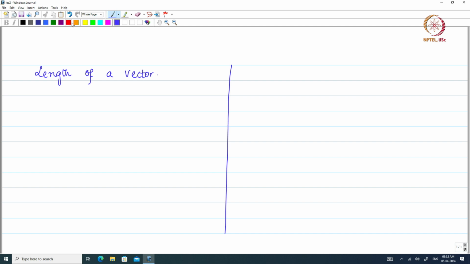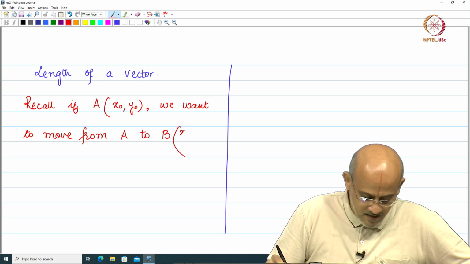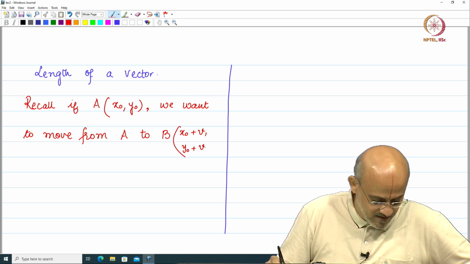So, let us do a simple recall. Recall that if A is a point in some coordinate, let us say x naught comma y naught, and assume that we want to move from A to B, whose coordinates are given by, let us say, x naught plus v 1 and y naught plus v 2.